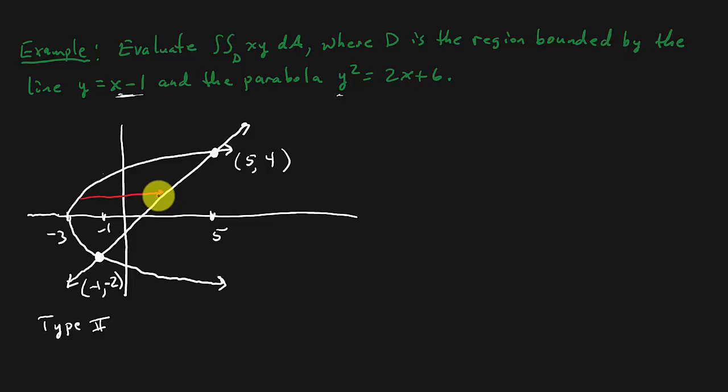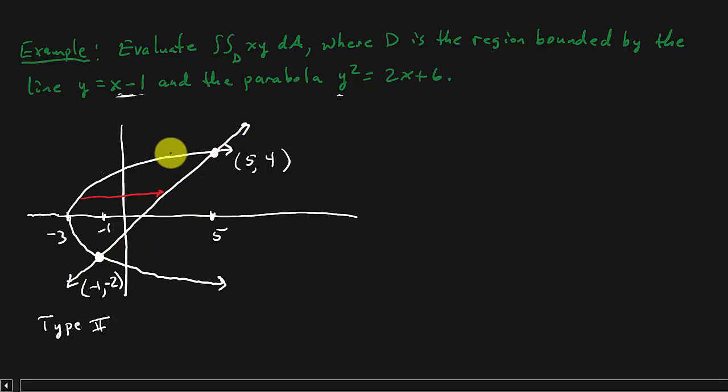All right. So that means we're going to have to get these graphs in terms of y. So I have y, and you can see that goes from -2 to 4, right?